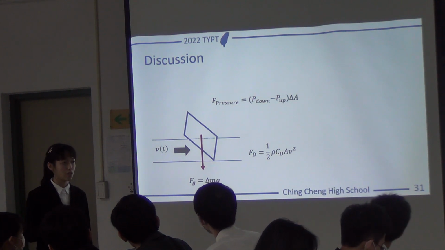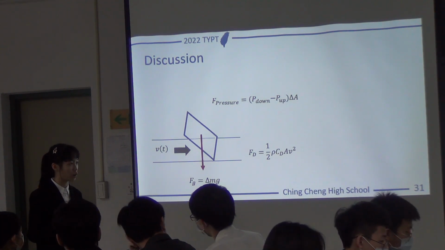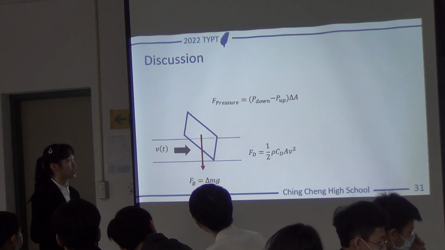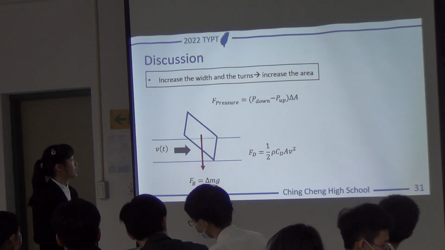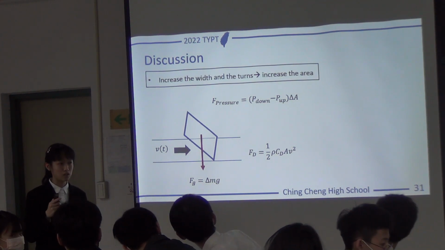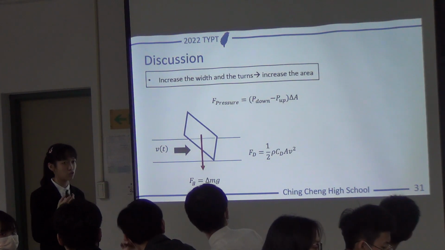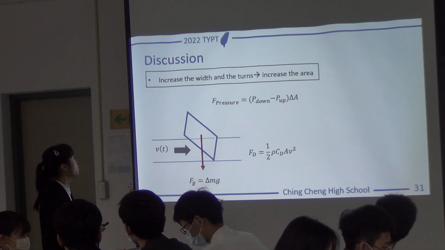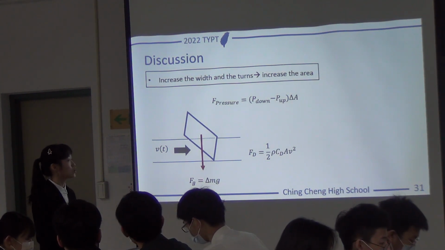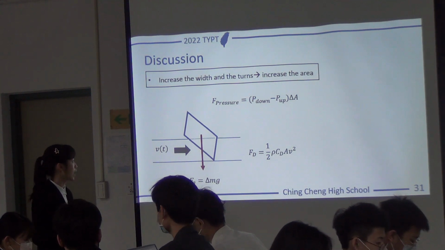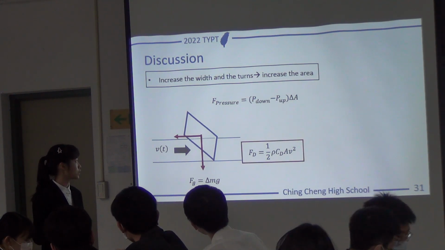We can know that if we want to find the maximum torque, we should increase the width and the turns of the spiral. But this will only happen when the force given by the candle is still strong enough to make the spiral rotate. So when we increase the width and the turns, we will also increase the area, but the drag force will not change.